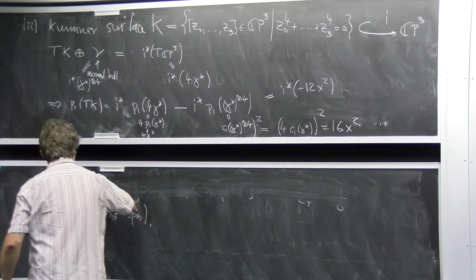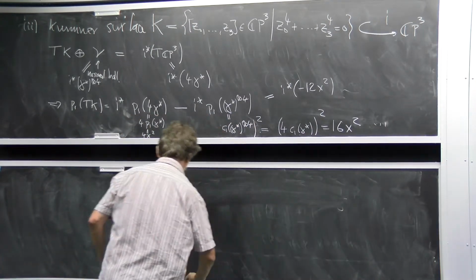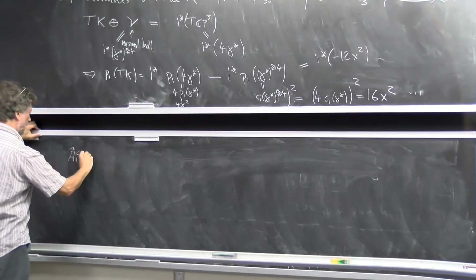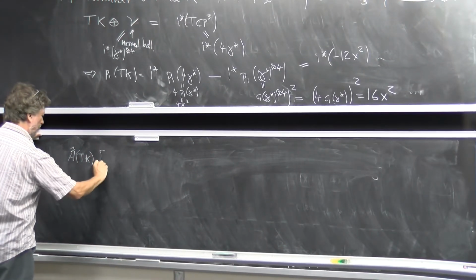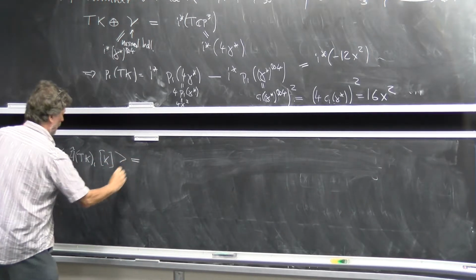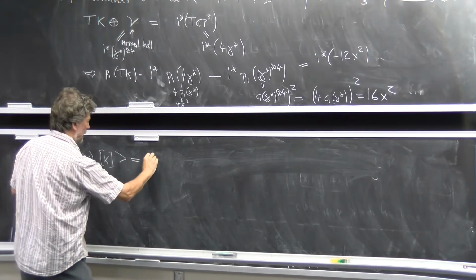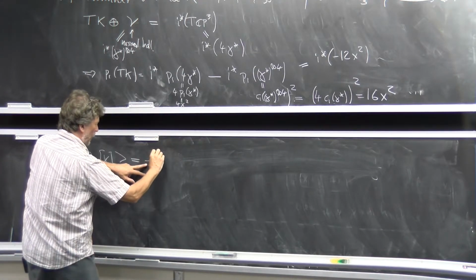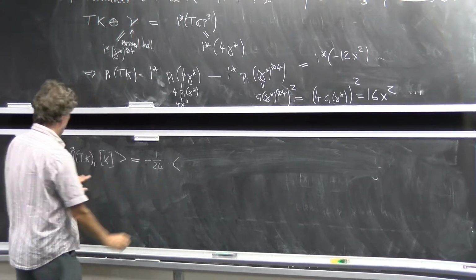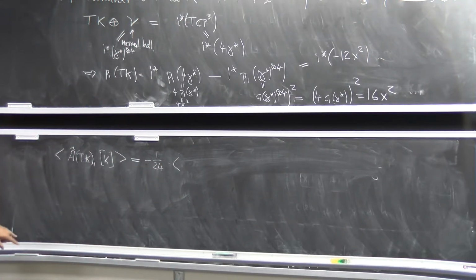So what is the A-roof class of the tangent bundle of the Kummer surface evaluated on the fundamental class of the Kummer surface then? Well, we know by our general index theorem that it is minus 1 over 24 times this class evaluated on the fundamental class.